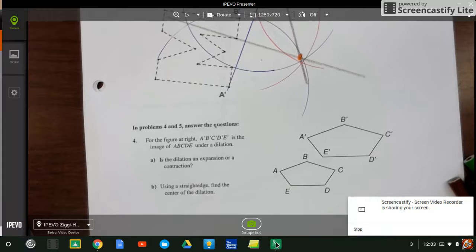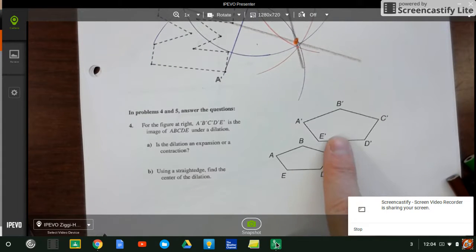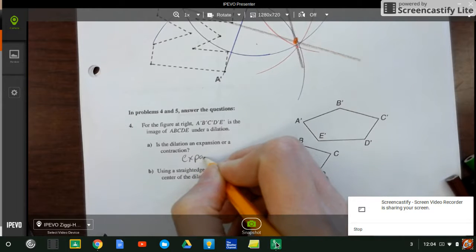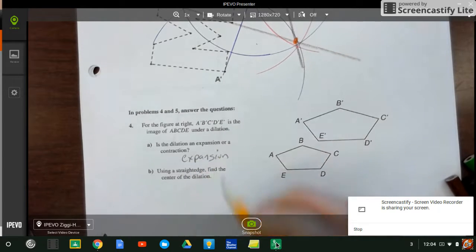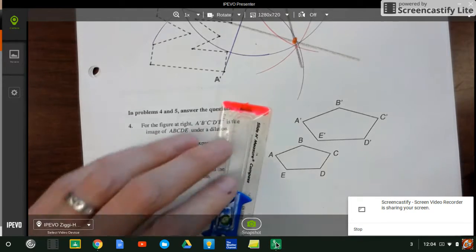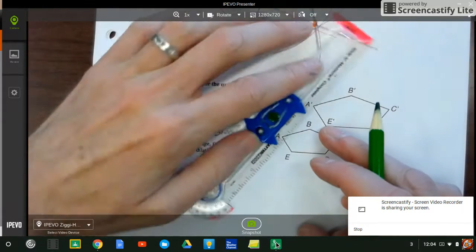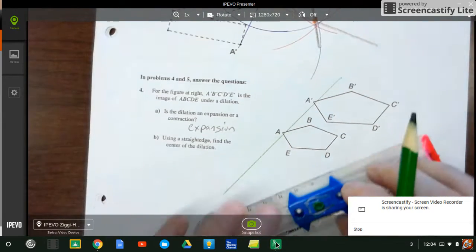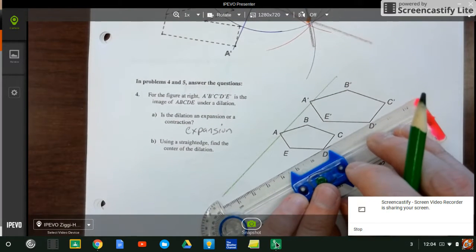Okay, next question. Dilation or expansion. So we can see it got bigger. So that's expansion. And then find the center of the dilation. So this is where we just connect matching points. Okay, so I'll connect A and A prime here. And I'll connect maybe D and D prime.